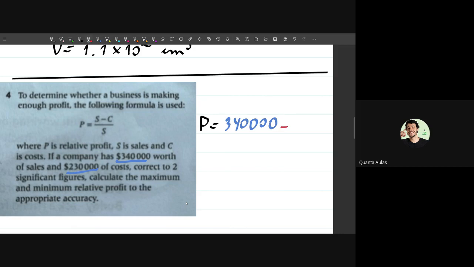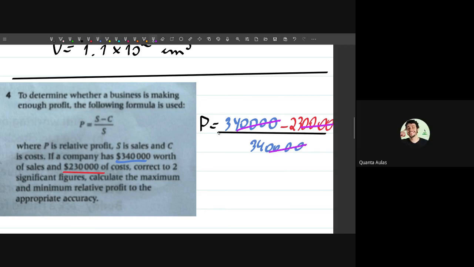I put the red, this divided by this. This is strange to me because of the numbers.